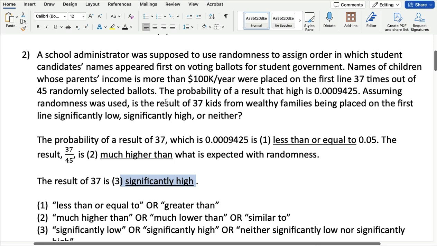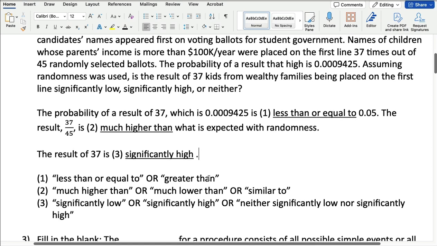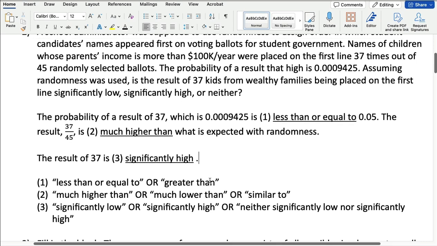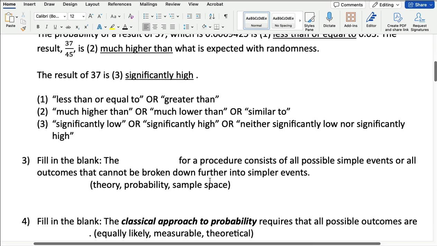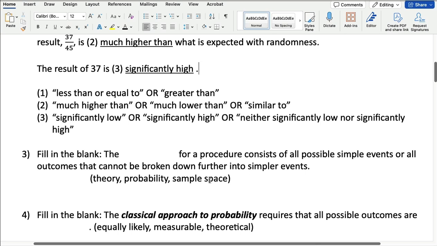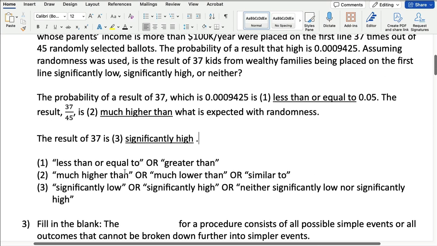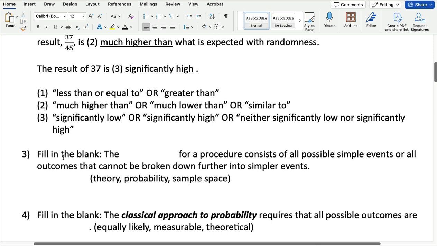For our purposes in this class, I'm more interested in whether you can interpret a result. It's actually more important that you can interpret a result than the actual calculation itself, even though we're going to go through some examples of that too. So let's do a few fill in the blanks so that we can make sure that we understand our vocabulary.